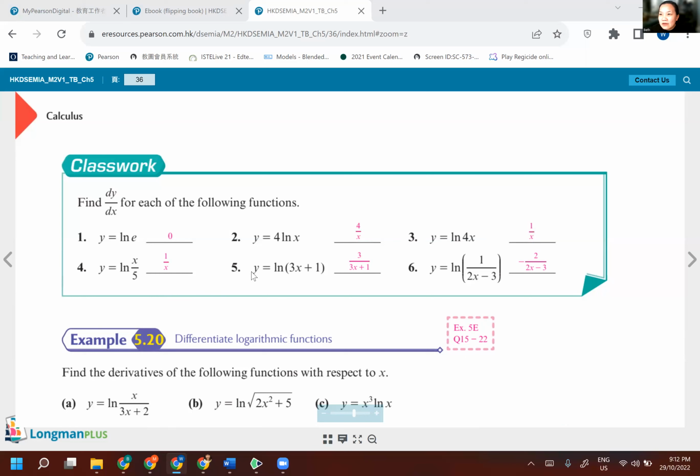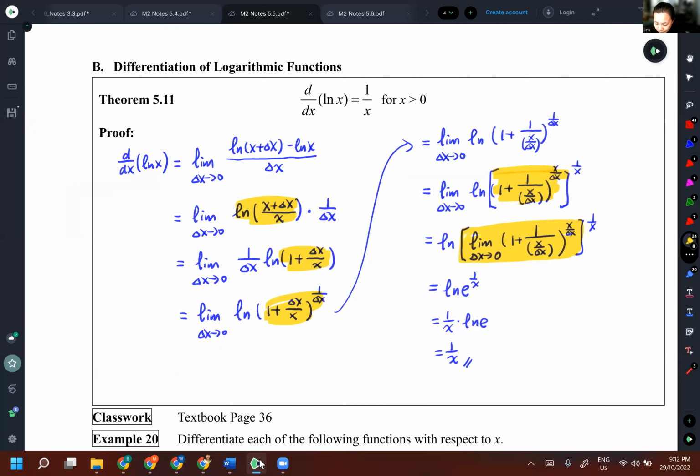And then in question 5, you can see why there is a 3 there, right? Because of chain rule. This is 1 over u and du dx. There is a 3 there. Now, but for the last one, it's so difficult. Let me show you this time. Log 1 over 2x minus 3. Where do I write?